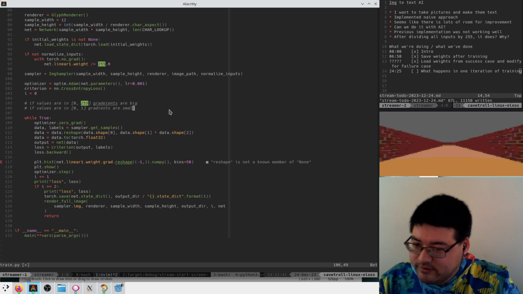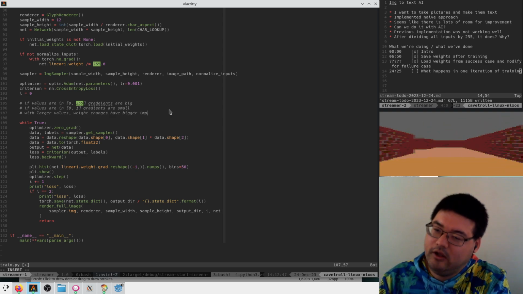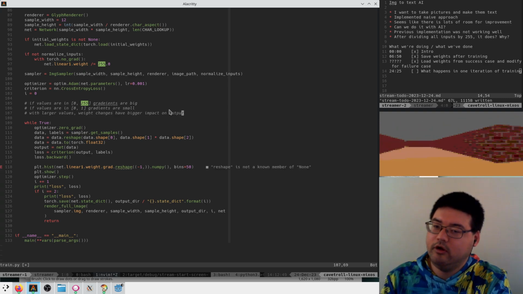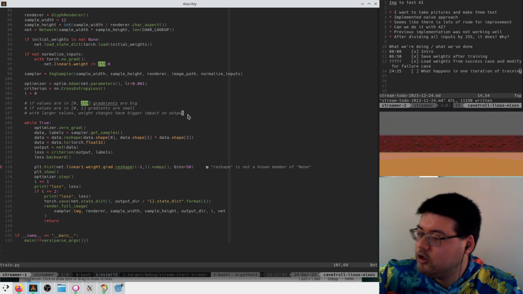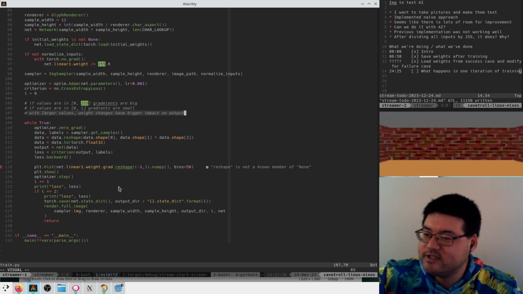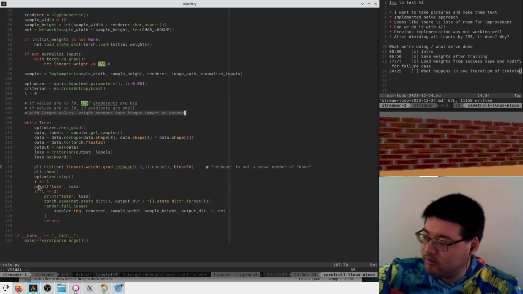So that means with larger values, weight changes have bigger impact on output. Okay, you know what? I think that makes sense. With larger values, weight changes have a bigger impact on the output.